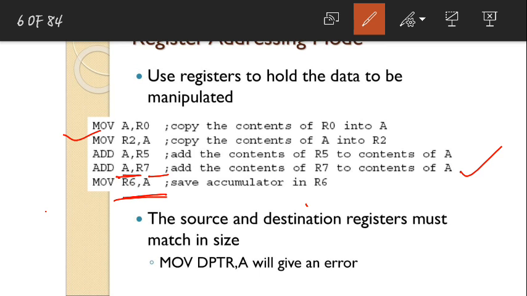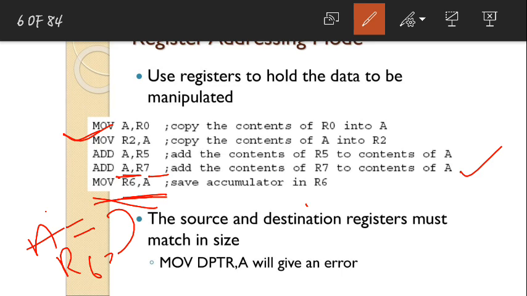Whatever you are writing, you should understand the meaning: what is happening in that instruction, what operation we are doing, where the result is stored, and where we are moving the contents. It is the same as the second instruction, move R2 comma A. Whatever is present inside A, you move to R6. After execution, whatever was in A, R6 also has that.